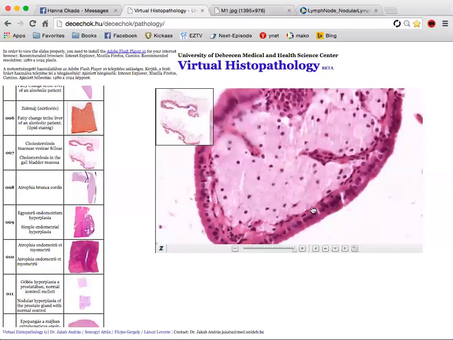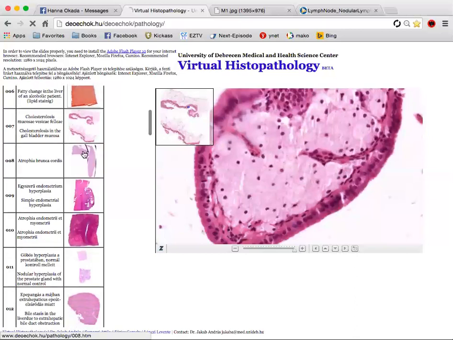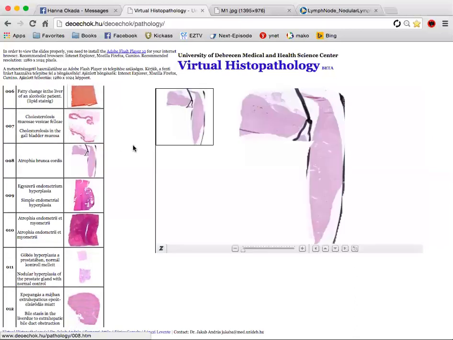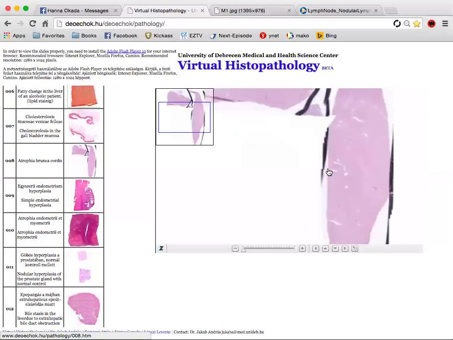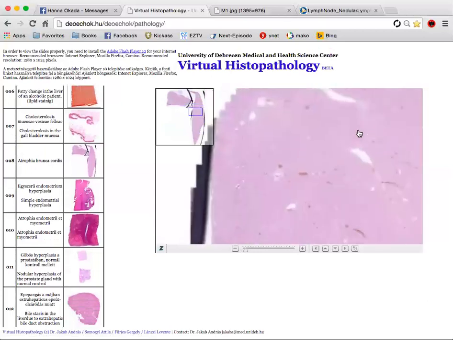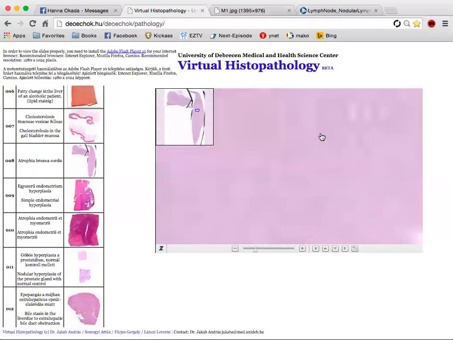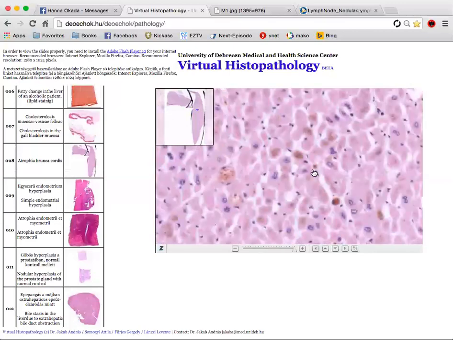All right. So next up, this is a brown atrophy of the heart. And what happens here is maybe there was a chronic ischemia and the heart muscle needed extra energy. And what it does is it begins to break down its own organelles to do it, for example the mitochondria.